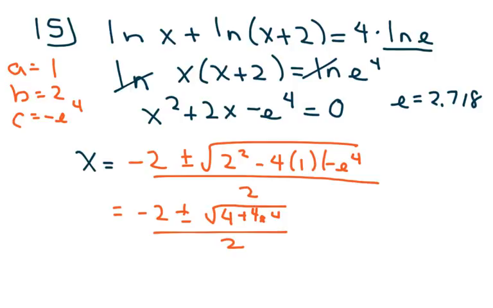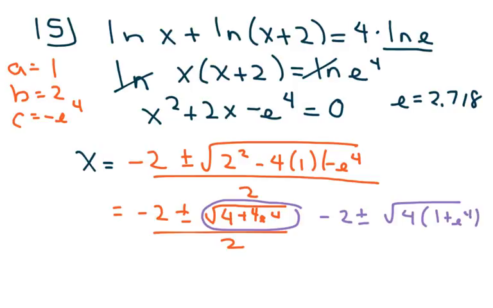Now, this little bit here, I can factor out a 4. So that's 4 times 1 plus e to the fourth over 2. So I can take the square root of 4 and get 2.